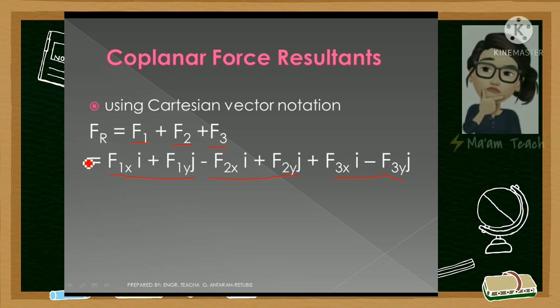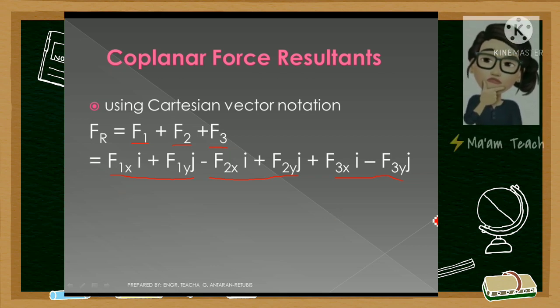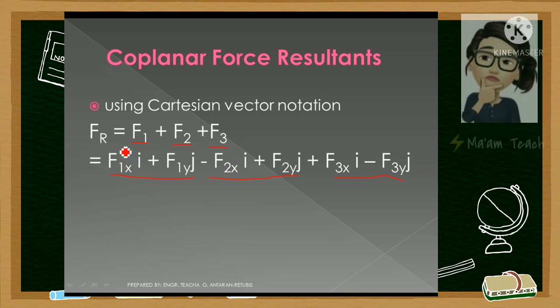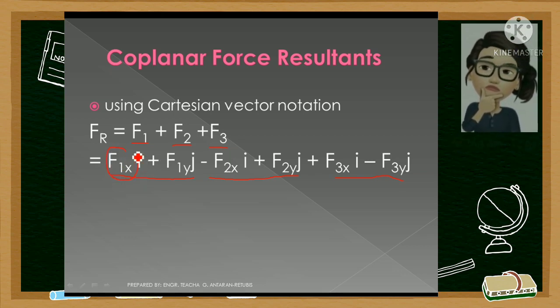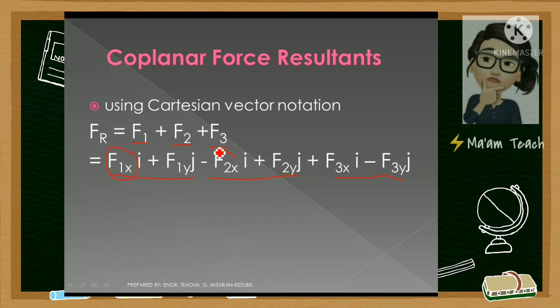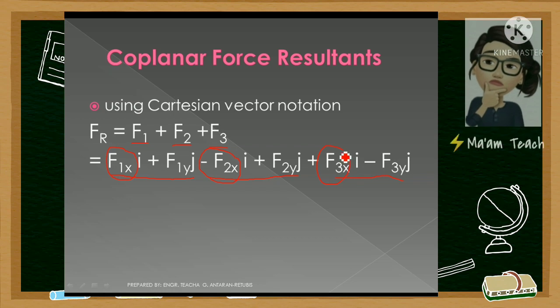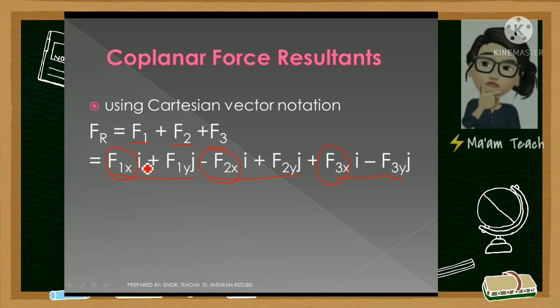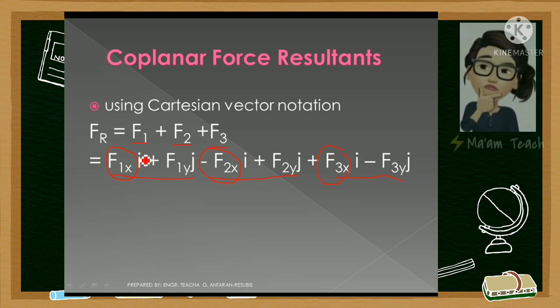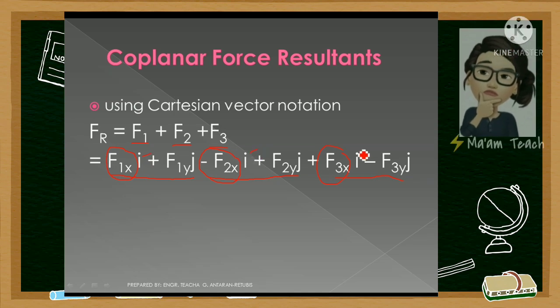So in this case we will add F1x, negative F2x, and F3x, because they have i on them. Can you follow?